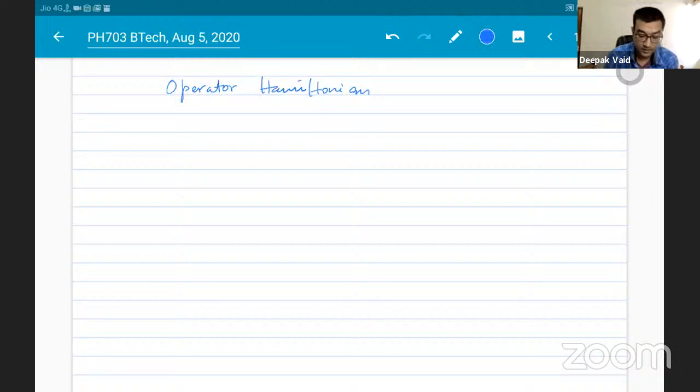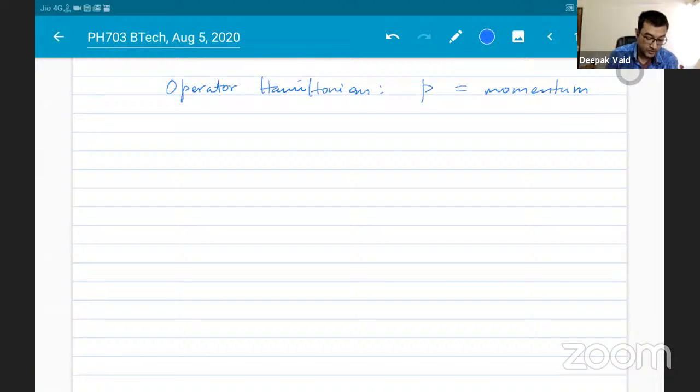Now, for this, what do we need to do? We have the momentum, okay? And since we are working in one dimension, for the momentum there is only one number, so I won't put a vector sign. It's understood P is equal to P of x.